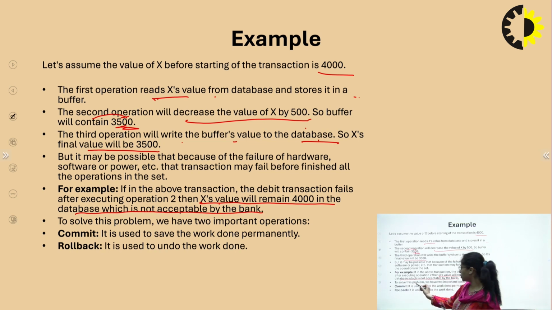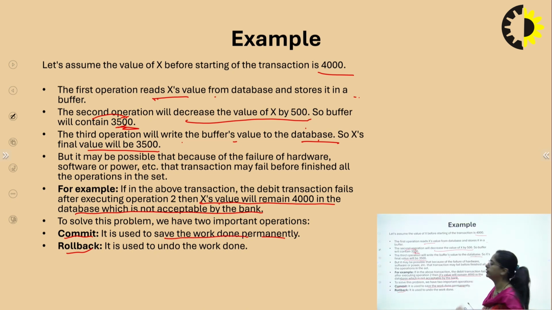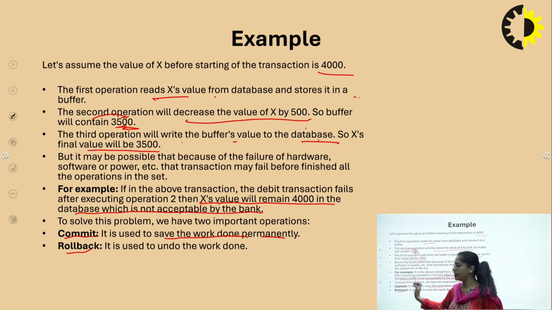To solve this problem, we have two commands: commit and rollback. The commit command is used to save the work done permanently, to save our actions in the database.